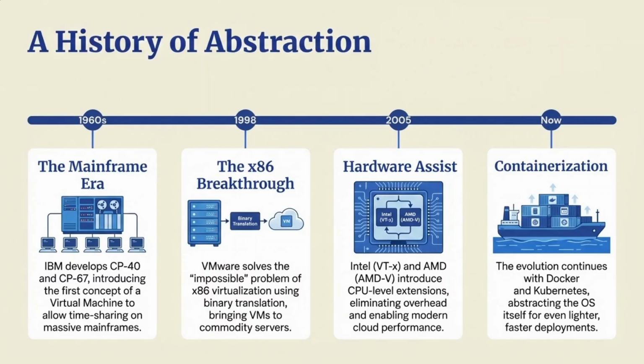In the mid-2000s, Intel's VT-x technology and AMD's AMD-V technology enabled modern cloud performance. And now we have containerization, which has radically improved hardware efficiency. This is why you will find containerization at the heart of every modern architecture.